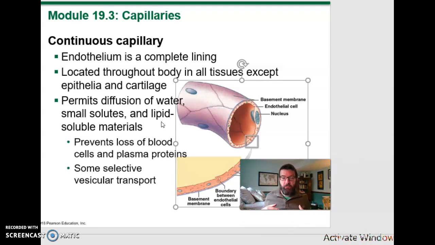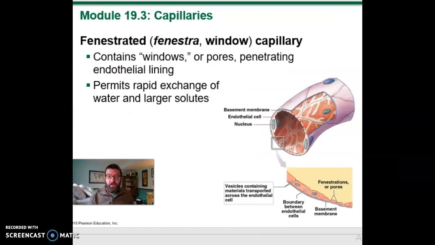And these are found throughout your body, and this complete lining allows small things like water and tiny solutes and some lipid-soluble materials that can move across membranes to diffuse, but it prevents you from losing things like plasma proteins, larger stuff that can't move through there. And you also have some selective vesicular transport, which means active transport through the cell through vesicles, which is expensive, but it allows you a lot of control over what moves across these capillaries. So these are continuous capillaries.